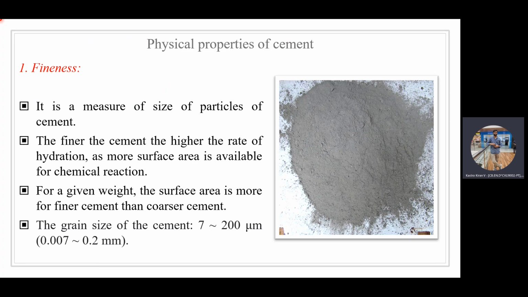Once they sieve, the fine particles that are available will pass through the sieve. Similarly, fineness is the measure of the size of the cement particles. The typical grain size of the cement particles will be 0.0072 to 0.2 mm. This we have seen in the very first class also.